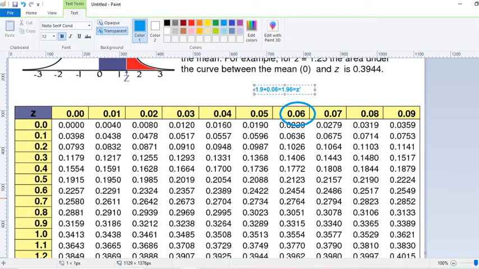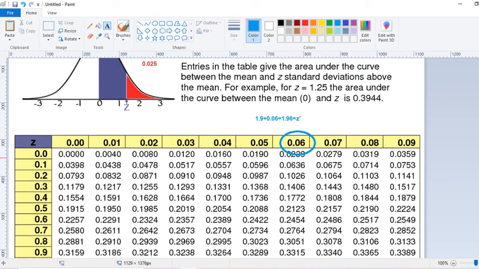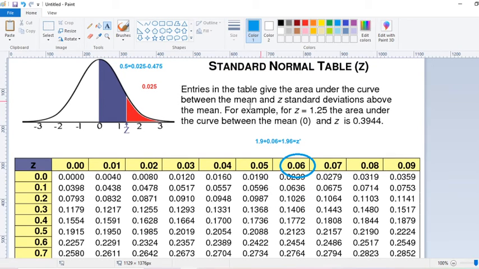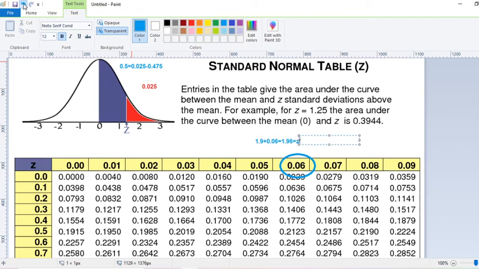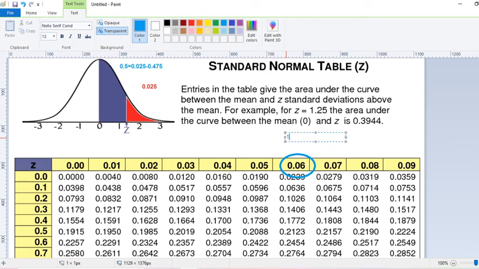Okay, you got the technique of finding the value of Z. 1.9 plus 0.06 equals 1.96.